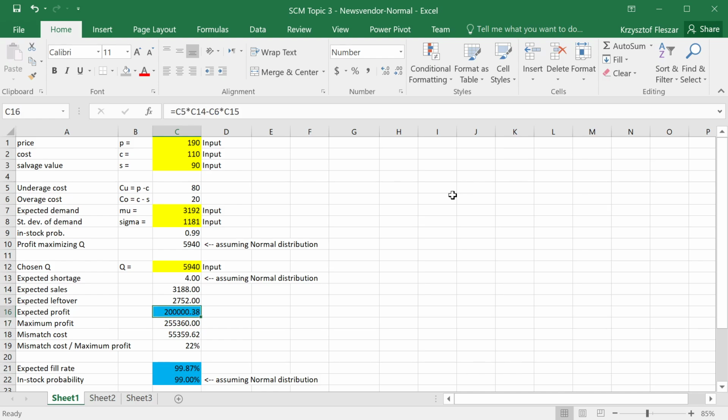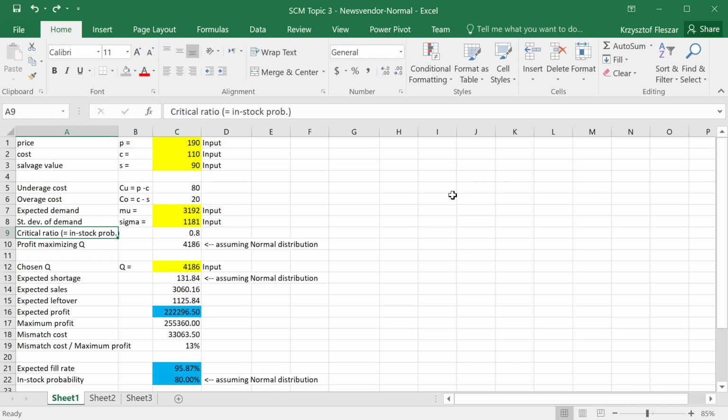And notice, by the way, the mismatch cost is now much higher than before, 33,000 or so, and the expected profit has dropped. From the maximum profit, it's now 55,000 away from the maximum profit. So this is not a profit-maximizing quantity, but it gives us a better service level.